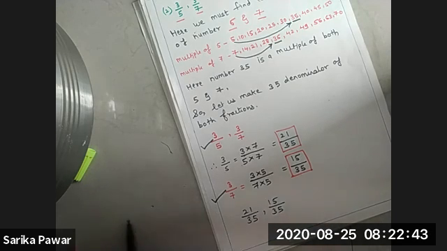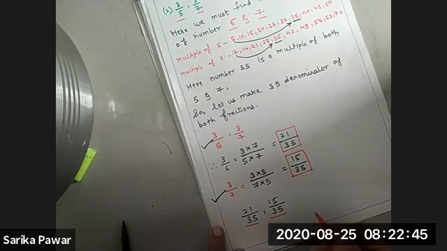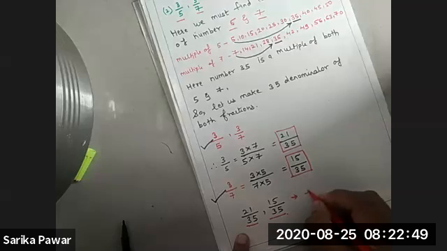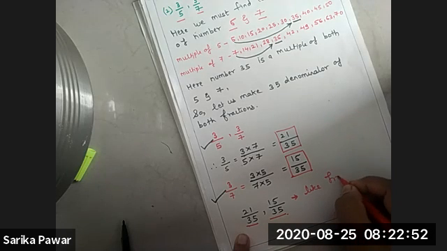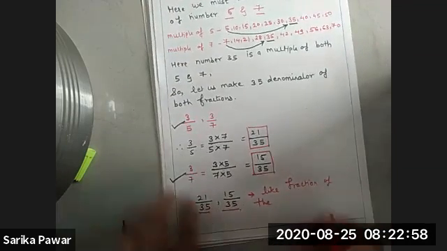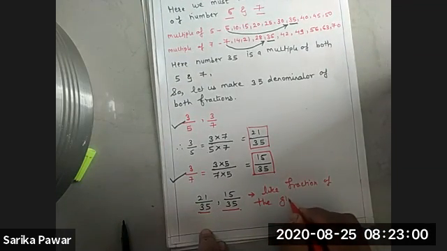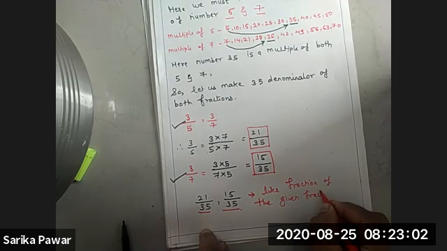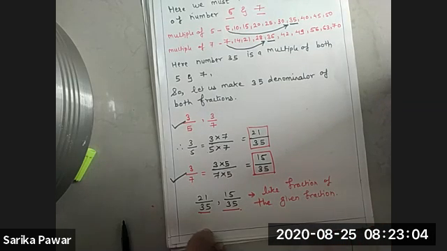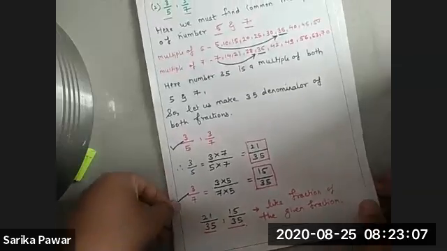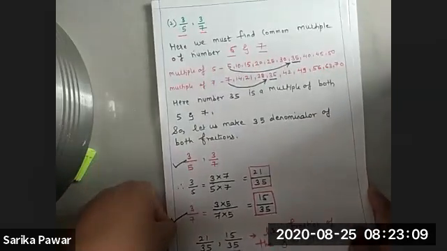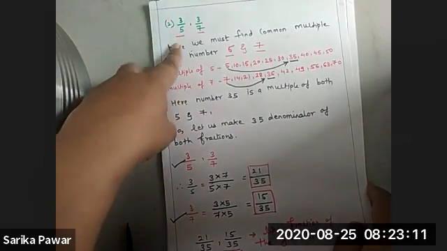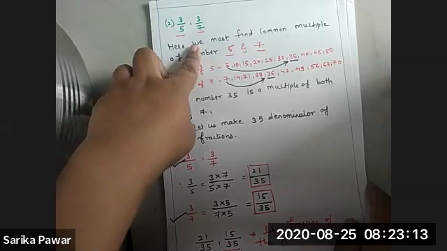See here, both the denominators are same, that is 35. So these are the like fractions of the given fractions, isn't it? So once again, revise this problem. See, 3 upon 5, 3 upon 7.